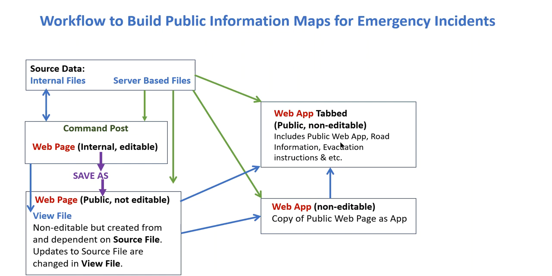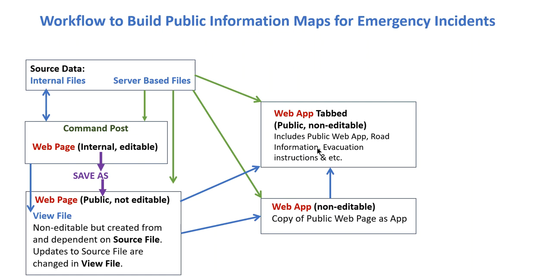And there's also another type you can create, which we're not going to do, but the template exists to create one within ArcGIS Online, and you create a tabbed web page, which will include not only your web app, but other relevant information.